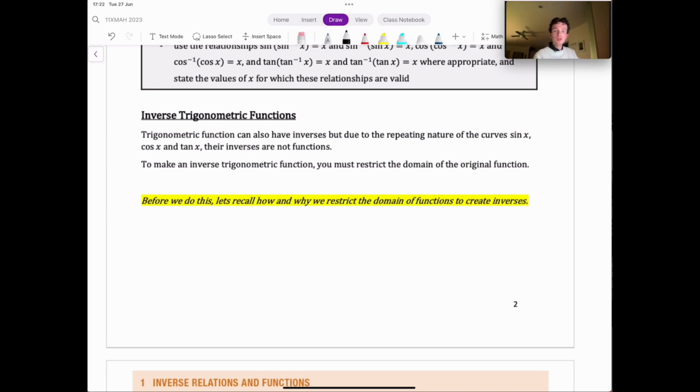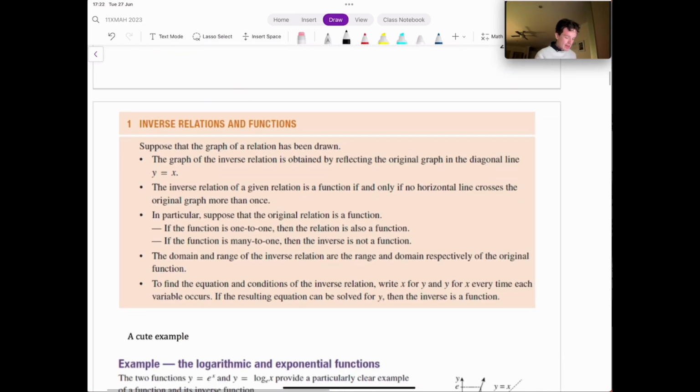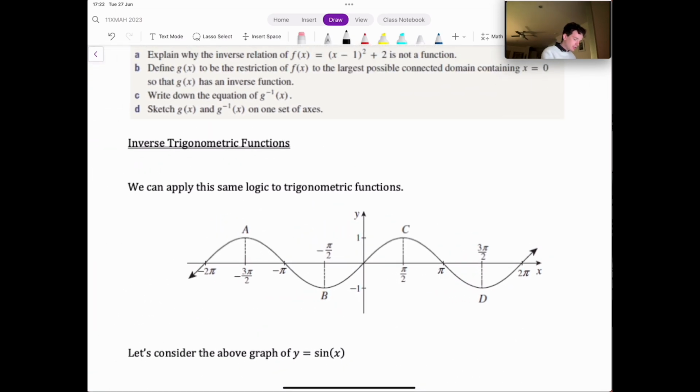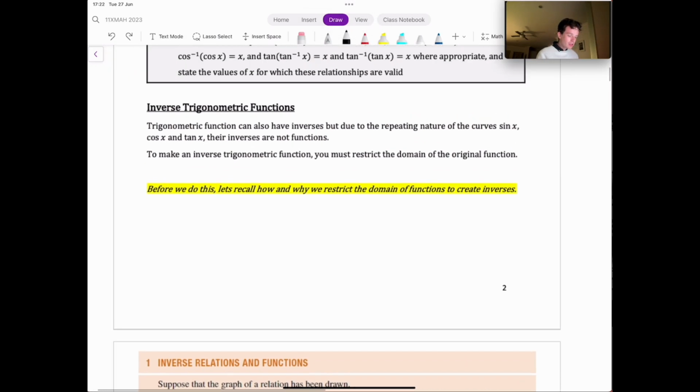It's pretty obvious that a sine curve is not going to pass the horizontal line test, which means that the function sin x does not have an inverse, at least over its entire domain. So to make inverse trigonometric functions, we must restrict the domain of the original function.